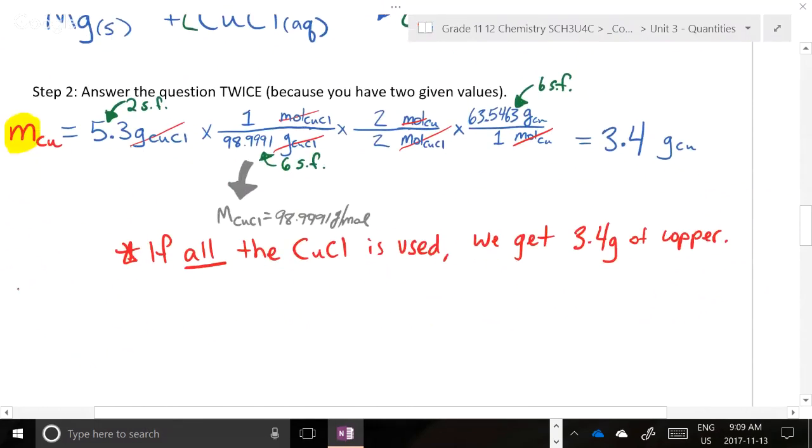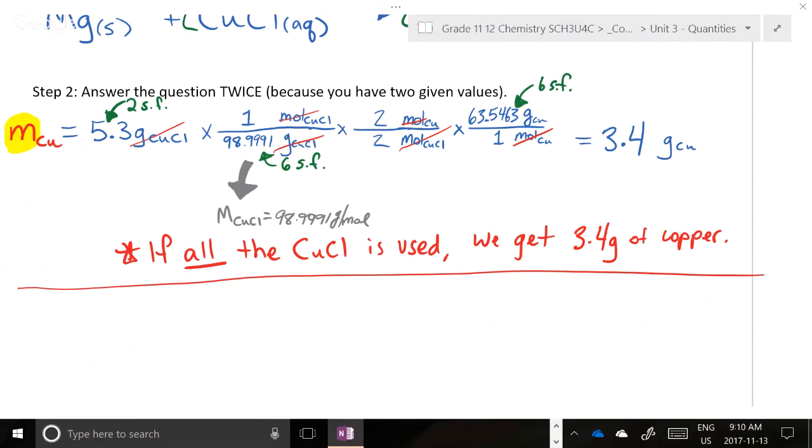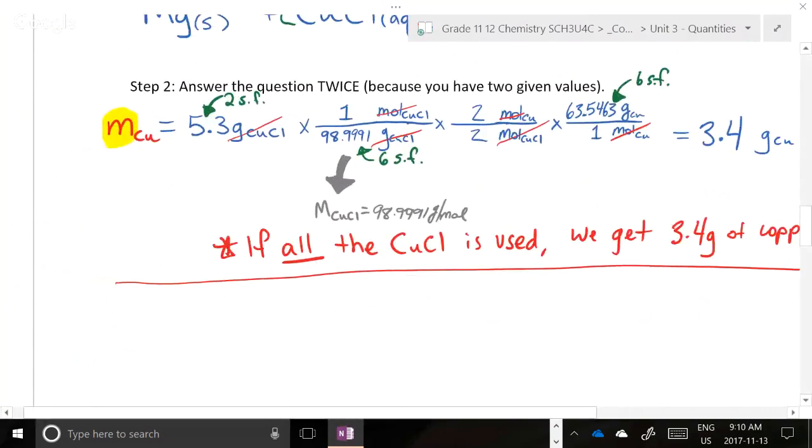Now we do a second calculation, and this time, instead of assuming we use up all of the copper chloride, we're going to assume that we use up all of the magnesium and see how much copper we get. So try and do the same thing. This time, assume we use all of the magnesium.